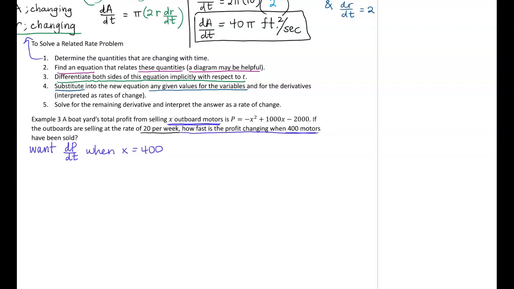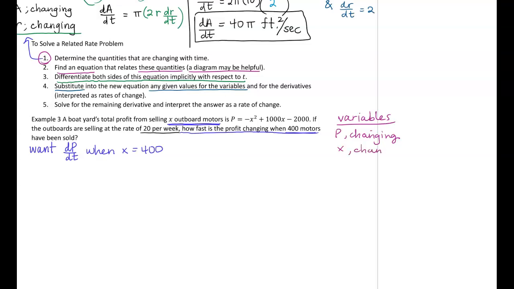Let's talk about which variables are changing with respect to time. In this case, the variables we have are P, the profit, and that is changing with respect to t. The other variable we have is x. That's the number of outboard motors that they're selling.